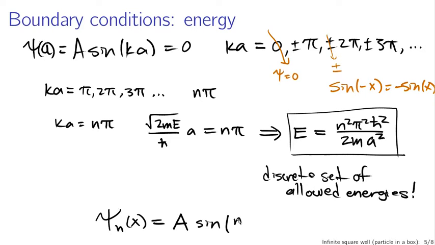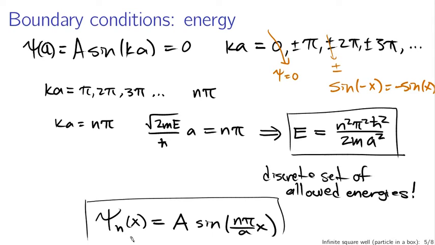What we end up with is n pi over a times x inside our sine function. This is our wave function, the spatial part, our solution to the time-independent Schrödinger equation. There's only a discrete set of them, and that's interesting. That is the quantum in quantum mechanics.